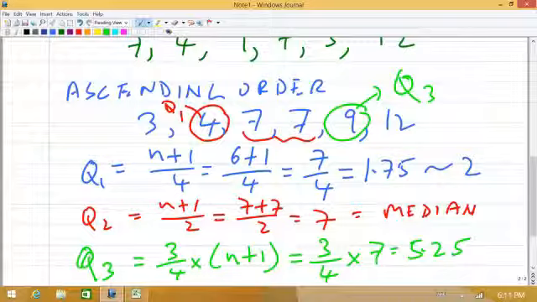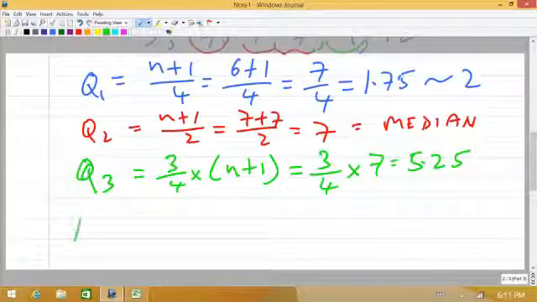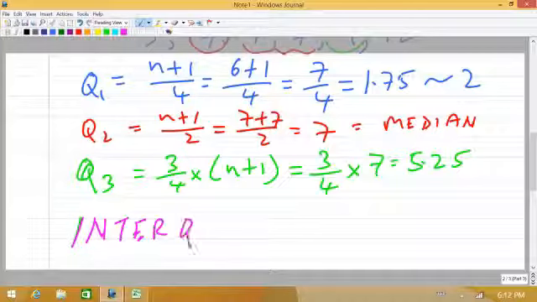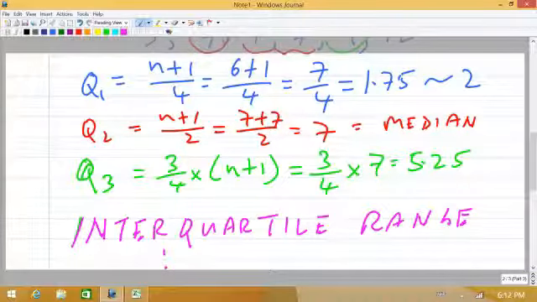The other thing we need to know is what is called the interquartile range, where you have to subtract Q3 minus Q1.